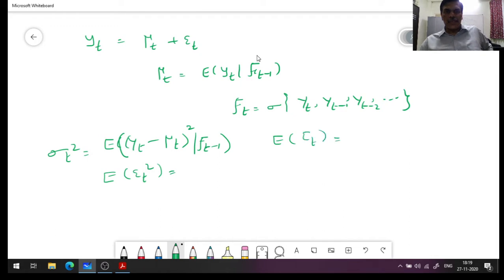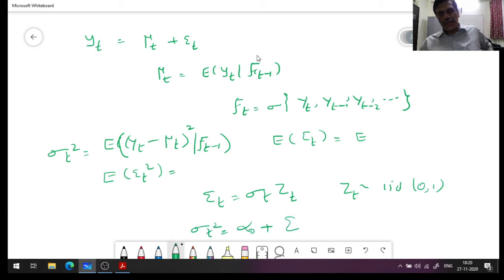I'm going to assume that epsilon_t is now modeled as sigma_t z_t, where z_t is IID (0, 1), and I'll assume sigma_t squared is alpha_0 plus the summation j equal to 1 to n of alpha_j epsilon_{t-j} squared. So this is our ARCH model.